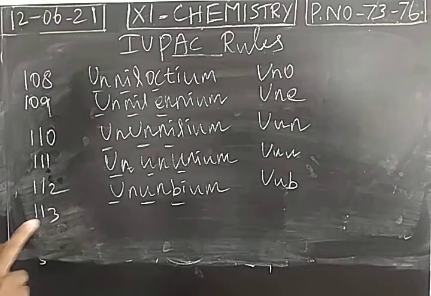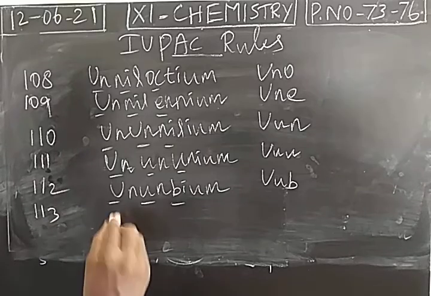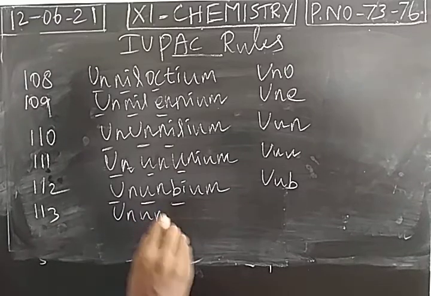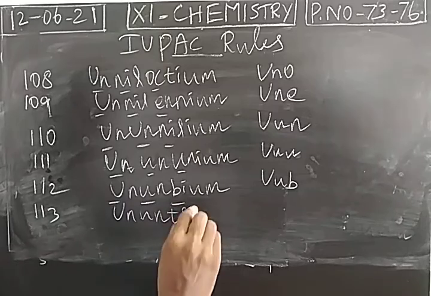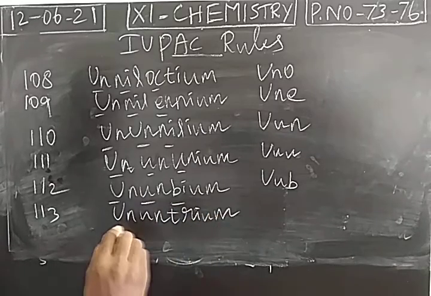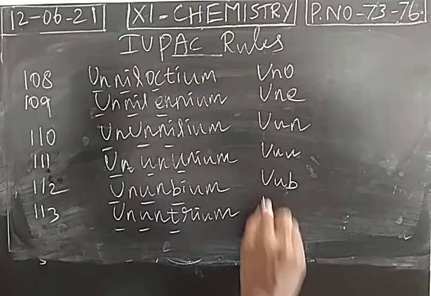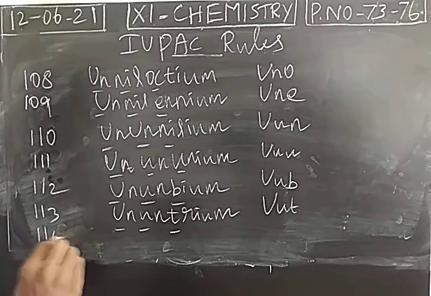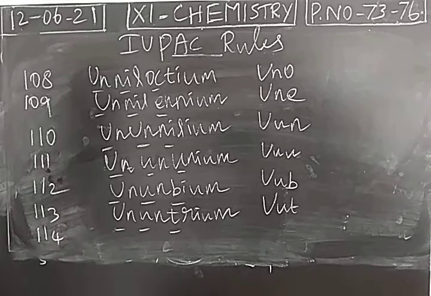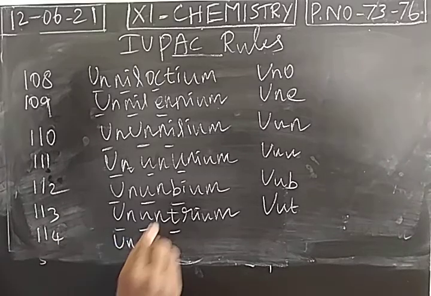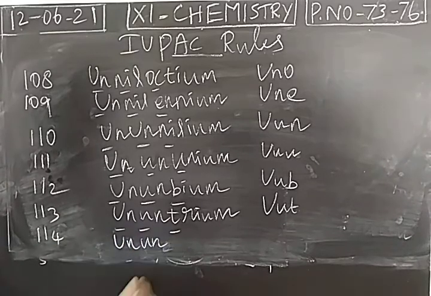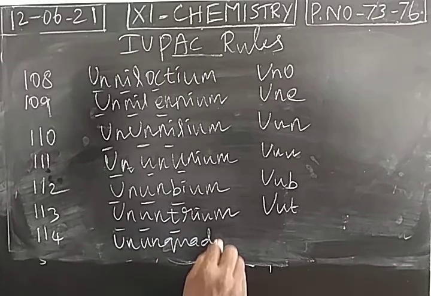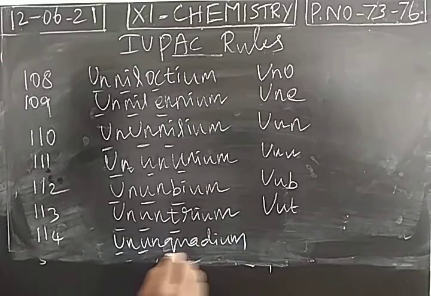Element with atomic number 113: ununtrium, first 3 letters are Uut. Element with atomic number 114: ununquadium, Uuq.